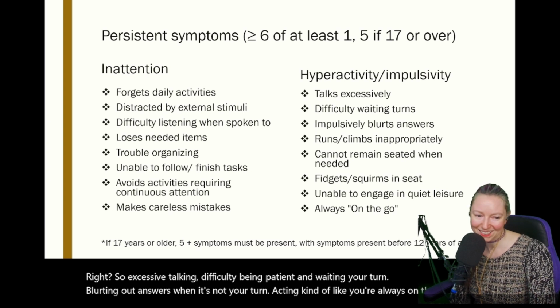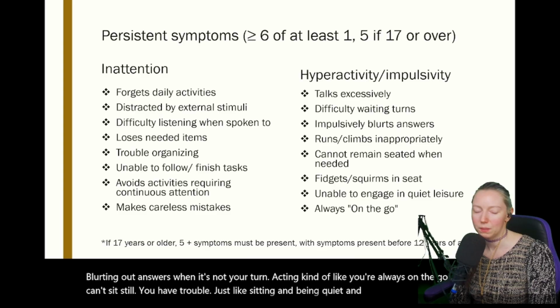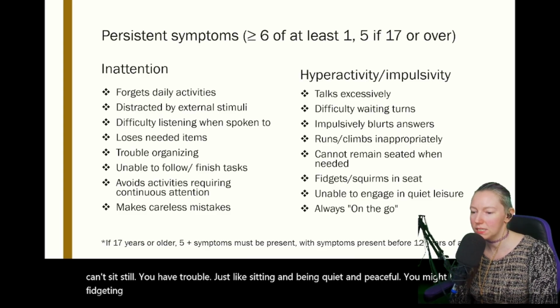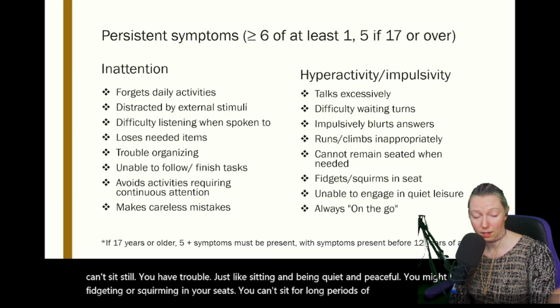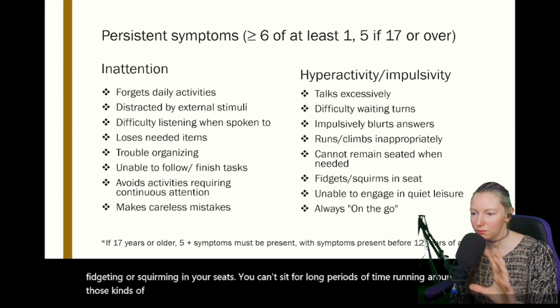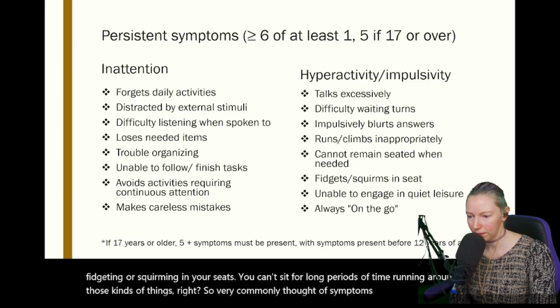You can't sit still. You have trouble just sitting and being quiet and peaceful. You might be fidgeting or squirming in your seat. You can't sit for long periods of time, running around, all of those kinds of things, right? So very commonly thought of symptoms when people think of ADHD.